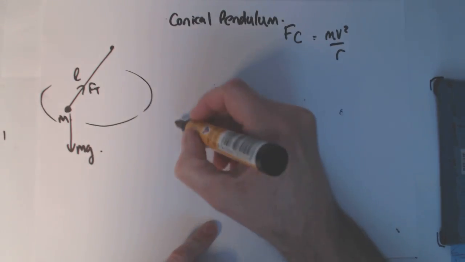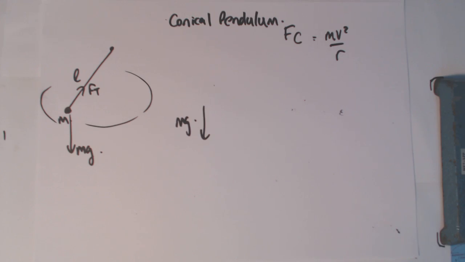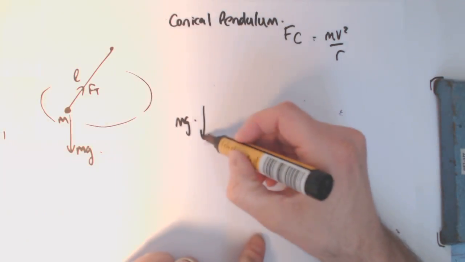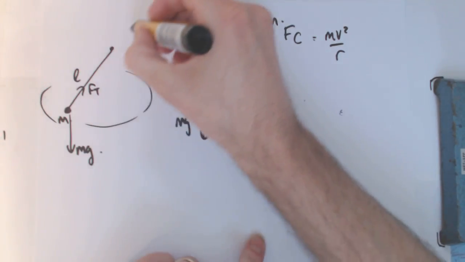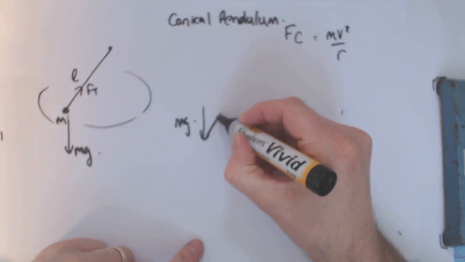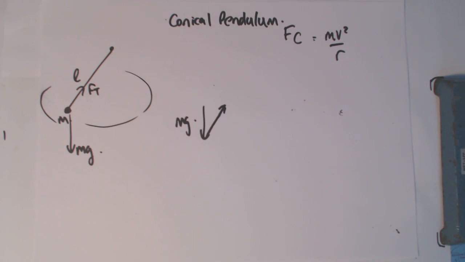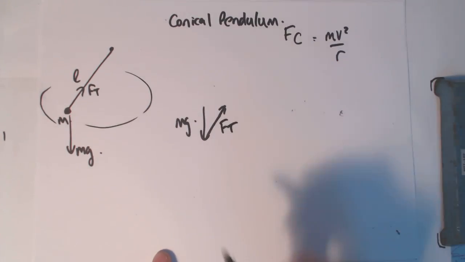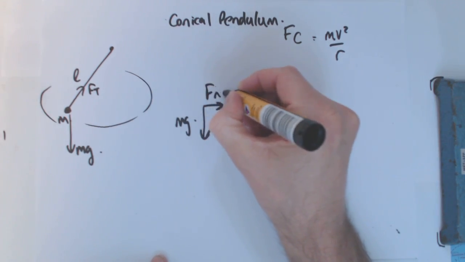So if we draw the diagram over here, this is the force diagram now. I can now draw these vectors adding up. These two vectors are acting at the same point, the center of mass. So that's mg. We know that the tension force has to go in the same direction as the string, and we know the centripetal force is horizontal. So our vector diagram is going to look like this. We've got Ft and we've got mg, and then we have a net force like that, F net.